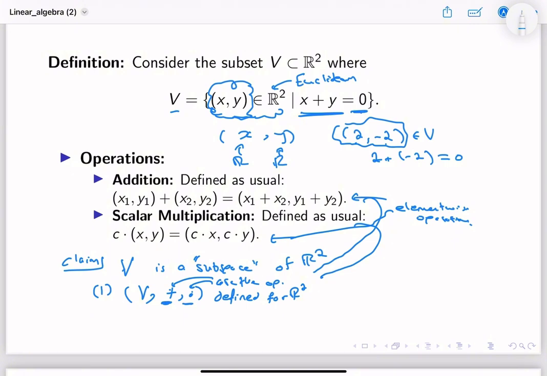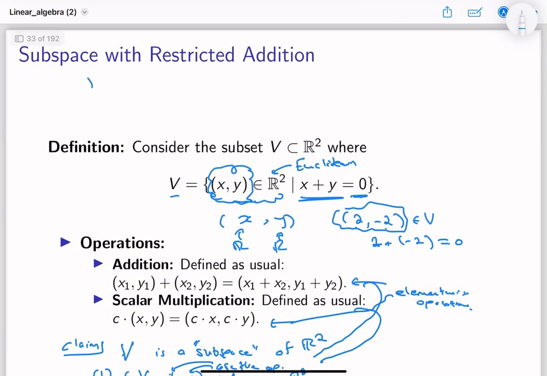So we're going to state the definition below for what a subspace is, but I feel sorry not telling you this.